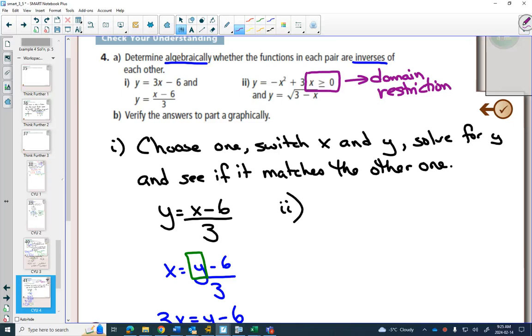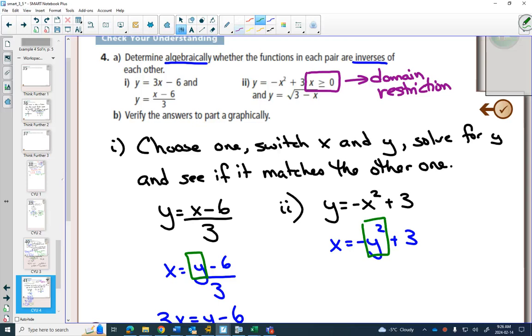If I do the algebra to find the inverse, did they give me the right half? That is the question. So I'm going to start off and switch x and y. Again, I want to solve for y, so I'm going to get that y squared by itself.